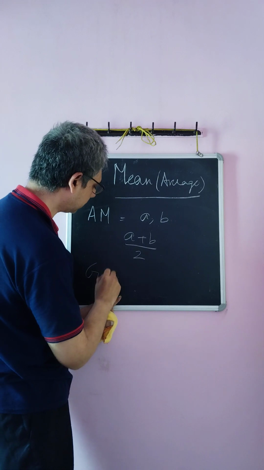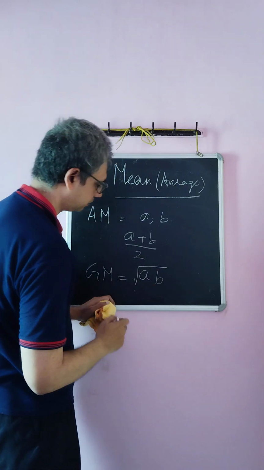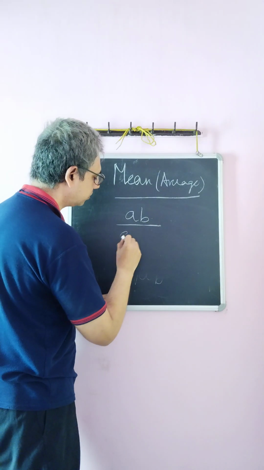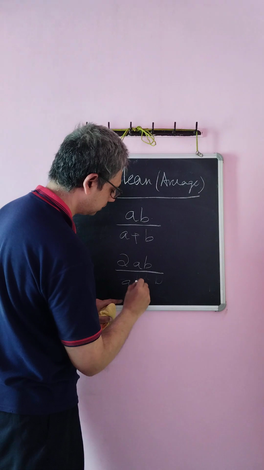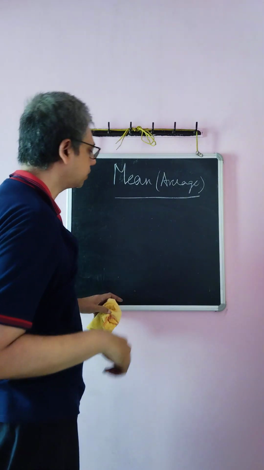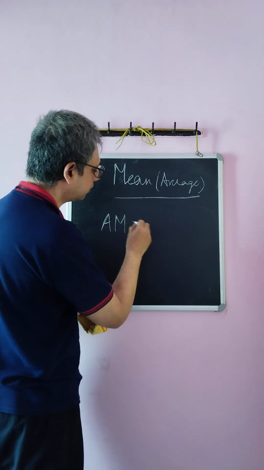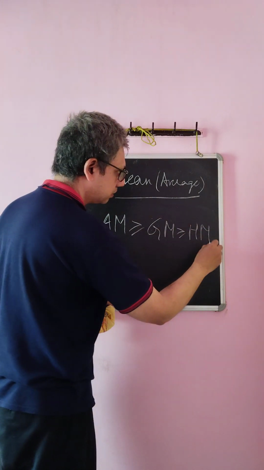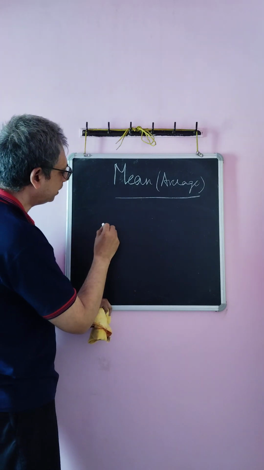Likewise, the geometric mean of two numbers is nothing but the square root of A into B. Although the harmonic mean is defined as AB by A plus B, for the sake of consistency, as we shall see later, I'll redefine it as 2AB by A plus B. By this slight redefinition, it maintains the consistency between the means and the progressions for all the three series, without conflicting with the inequality arithmetic mean greater than or equal to geometric mean greater than or equal to harmonic mean.